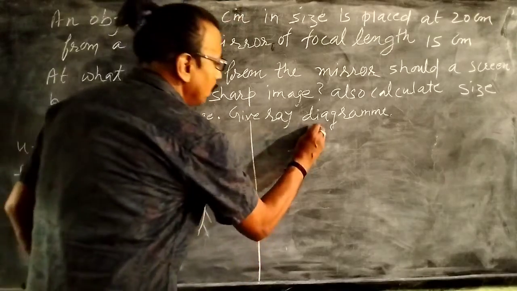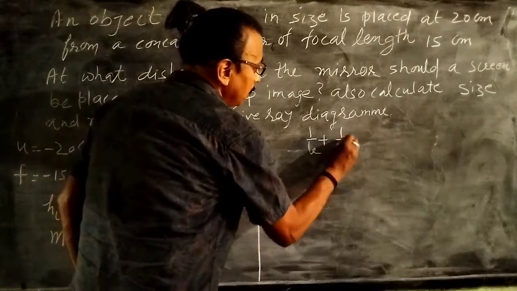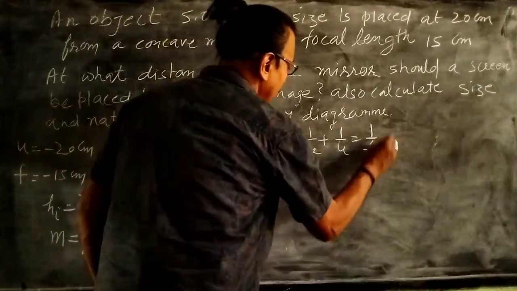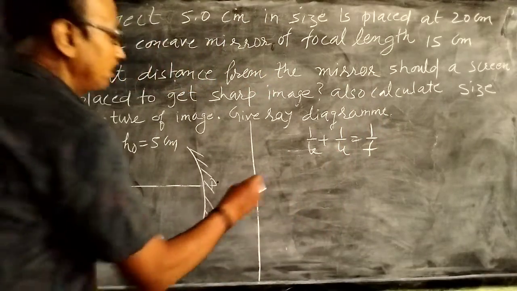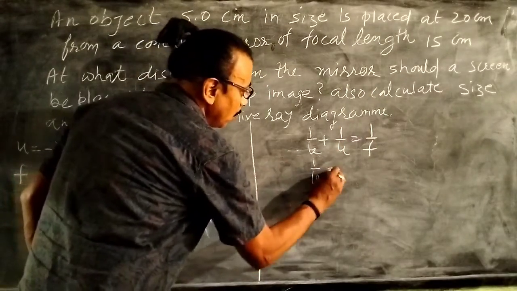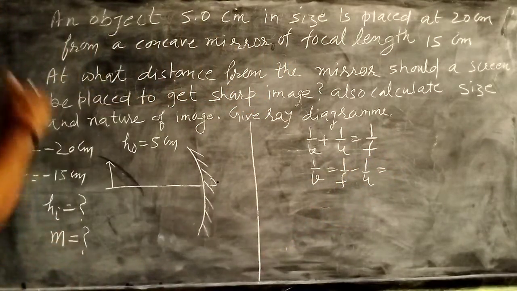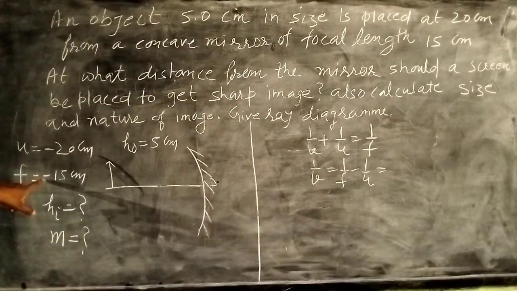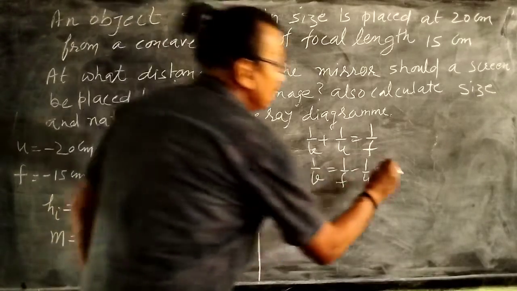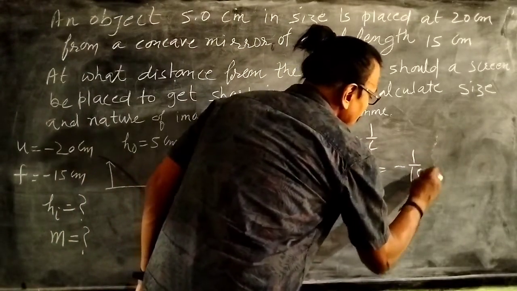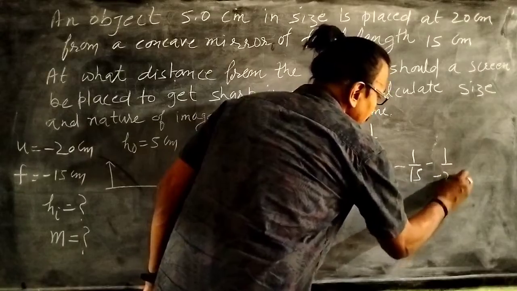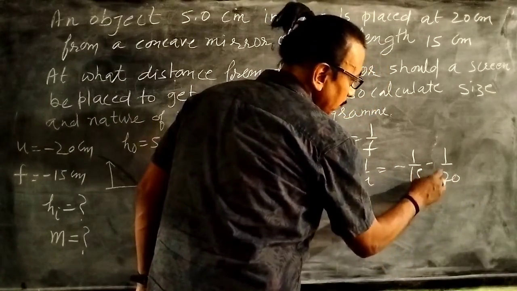Mirror formula: 1 by V plus 1 by U equals 1 by F. We have to find the value of V. 1 by V equals 1 by F minus 1 by U. Putting the values of focal length and U: F is minus 15 centimeter, U is minus 20. Minus 1 by 15 minus 1 by minus 20. This minus will become positive.